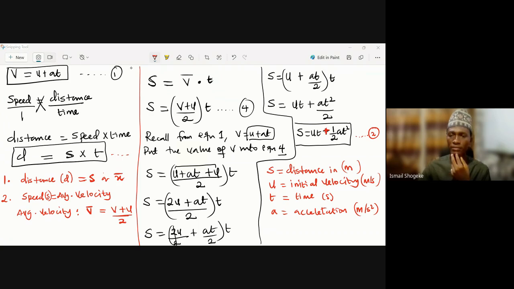Okay. Now, if that is clear, we have our first equation, we have our fourth equation, we have our second equation. Now let's move to solving our third equation.